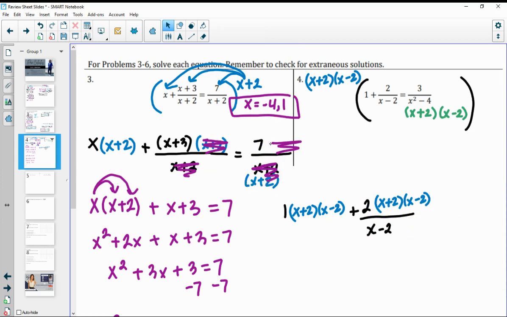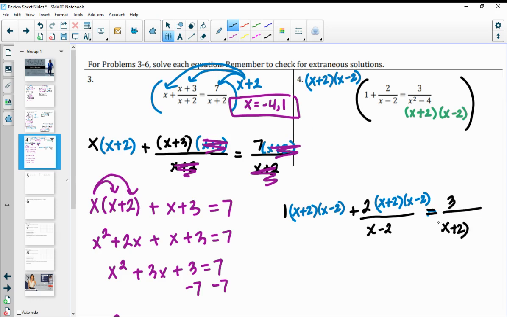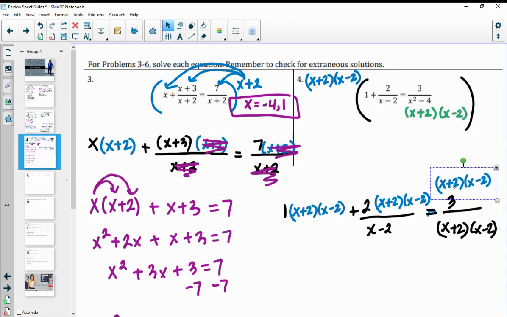All right, so then equals, and then we're going to have this 3 over x plus 2, x minus 2, and we're going to multiply by this x plus 2, x minus 2 again. So I'm just going to set it up there. All right, so then we can start canceling out our common factors.